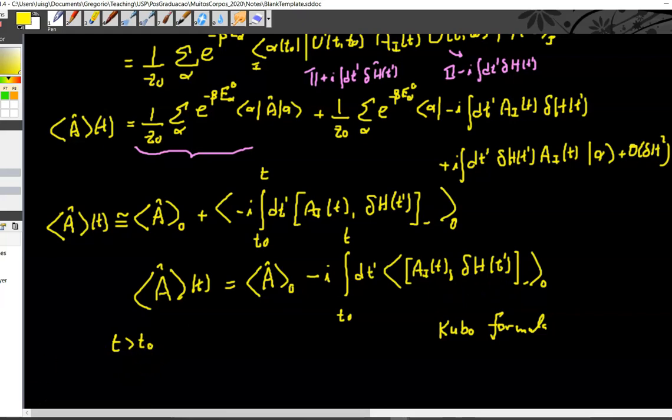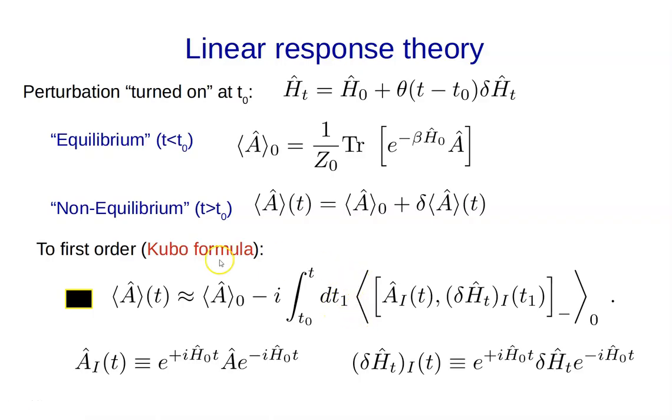Okay, so let's go back to the slide. All right, so we showed that the expected value of A at time t equals the value at equilibrium minus this integral that runs from t0 to t, and this is dt1, or dt prime in the notes that I had, where A is evaluated at t, the final time, and delta H is evaluated at t1, which is the integration variable.